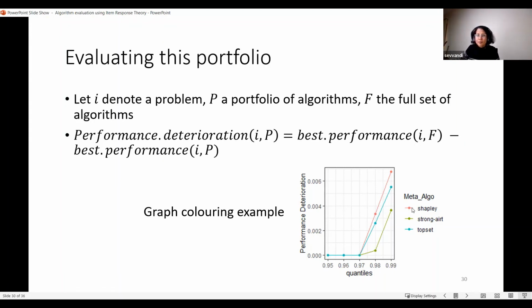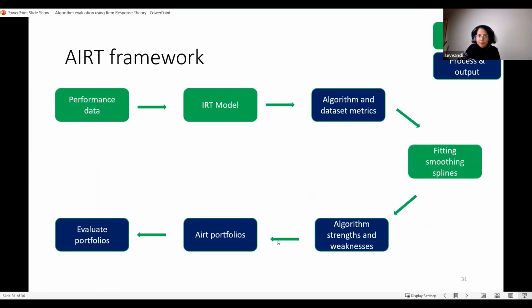One is by using Shapley values, and the other is taking the best on average set of algorithms. When we look at these, the performance deterioration for the AIRT portfolio is lower for this example.